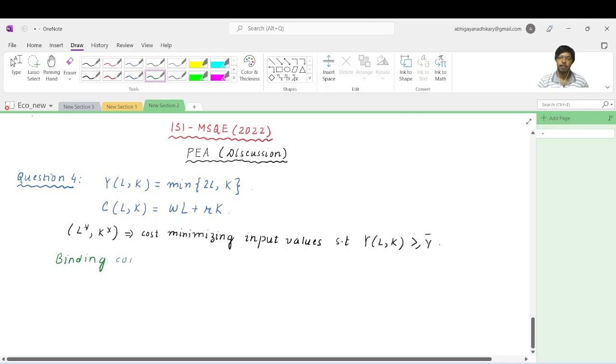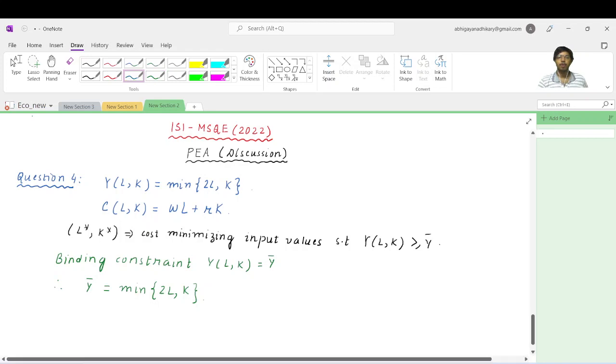So for a binding constraint, Y of L comma K is equal to Y bar. Therefore Y bar has to be equal to the minimum of 2L comma K. This is what should happen.